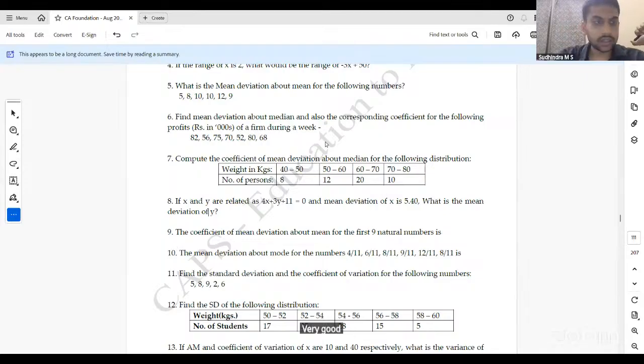Very good. Ganavi, Jeevan, Sahana. Correct answers. Darshan, I think you have to recheck. Rachana also, I think you have to recheck. Tanushri, correct. No Skanda.